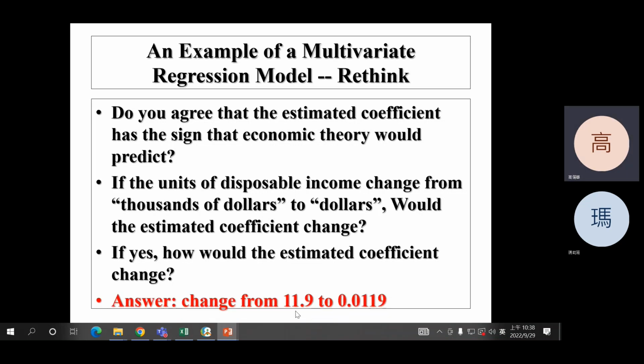Change from 11.9 to 0.0119, divided by 1,000 instead of multiplied by 1,000. Since the original data 1 becomes 1,000, right? So my coefficient will be divided by 1,000. Therefore, this one. Okay? All right?